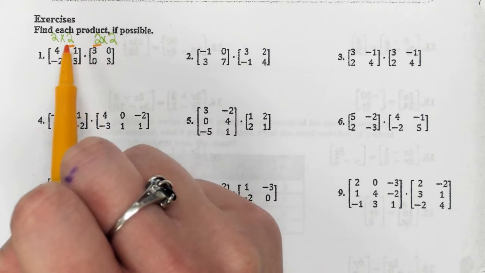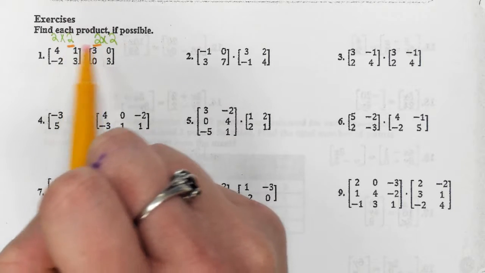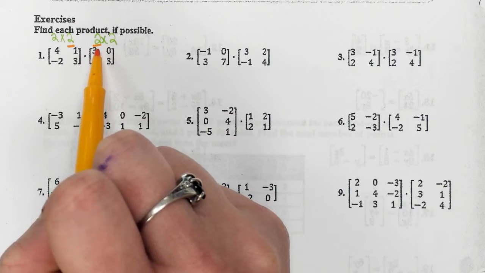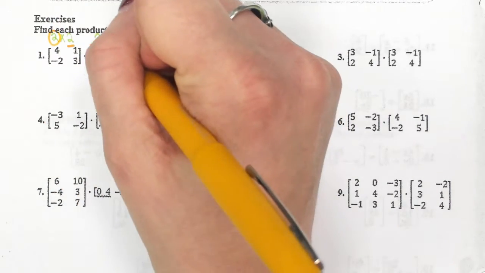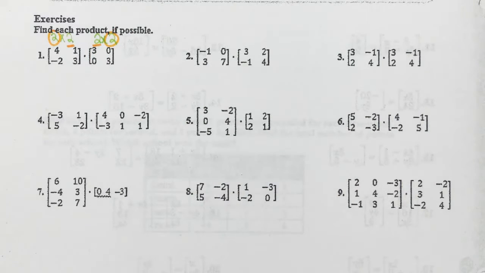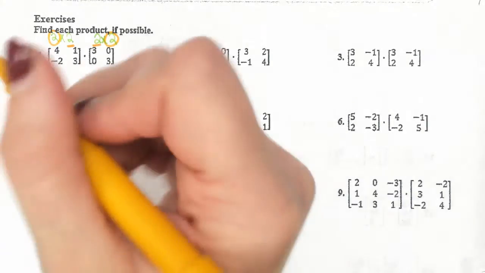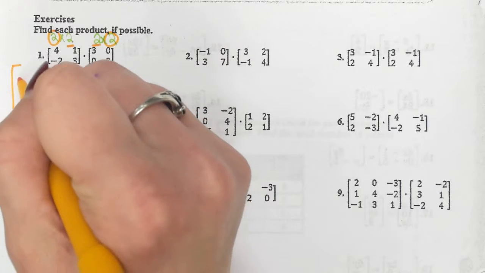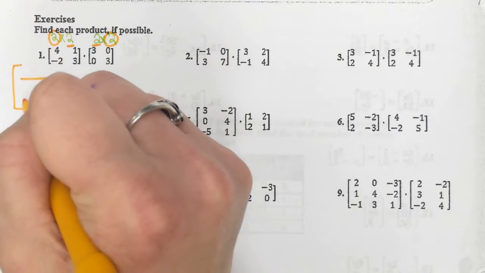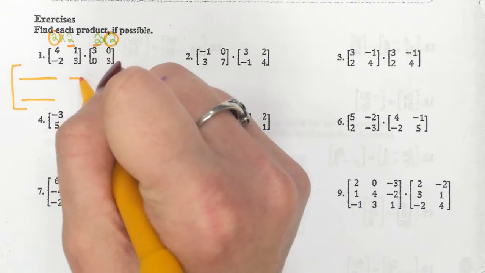The ones that I underlined, they have to be the same number, and they are. The outside 2 numbers, those tell you the dimensions of your answer. So what are the dimensions of the answer? 2 by 2. So if you are visual, which most of you in here are, it is going to be very beneficial to do this first until we get the hang of it.